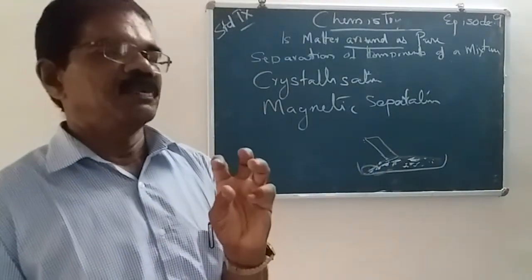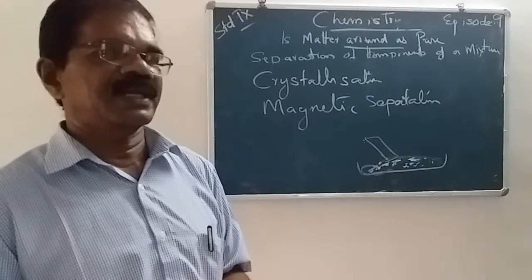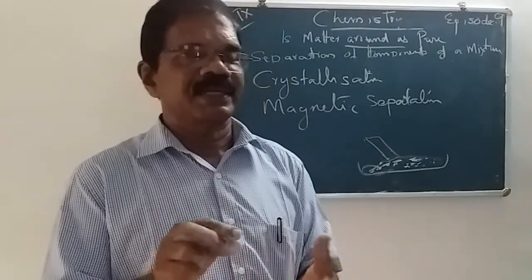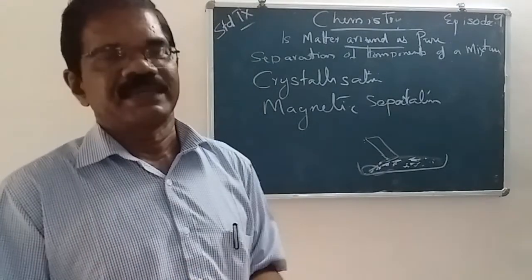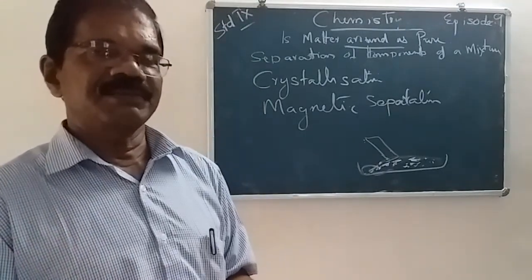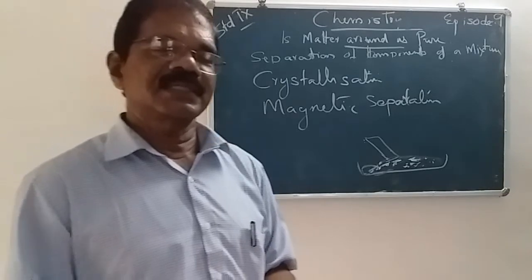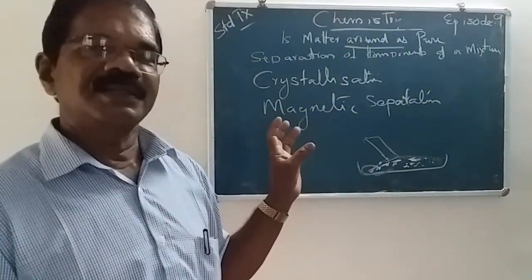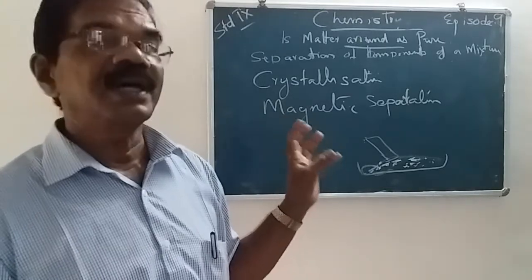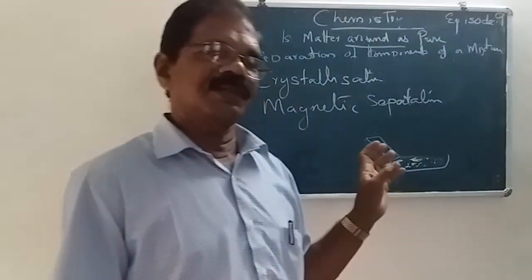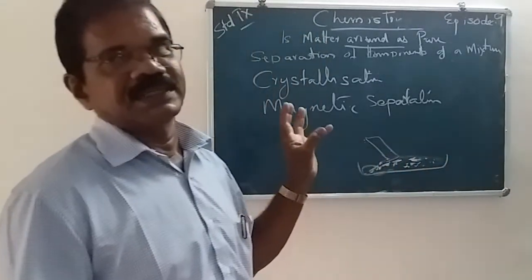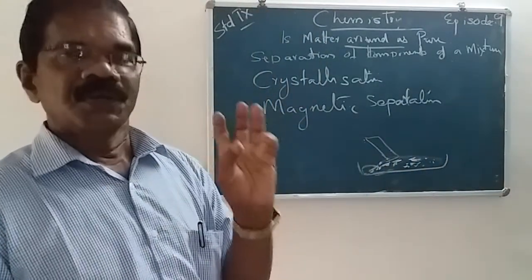What is the principle involved in chromatography? The solubility of the different colors is not the same. The color which is more soluble rises to the top of the filter paper, and the one which is less soluble does not rise to the top. Then magnetic separation, etc. So these are the different methods.